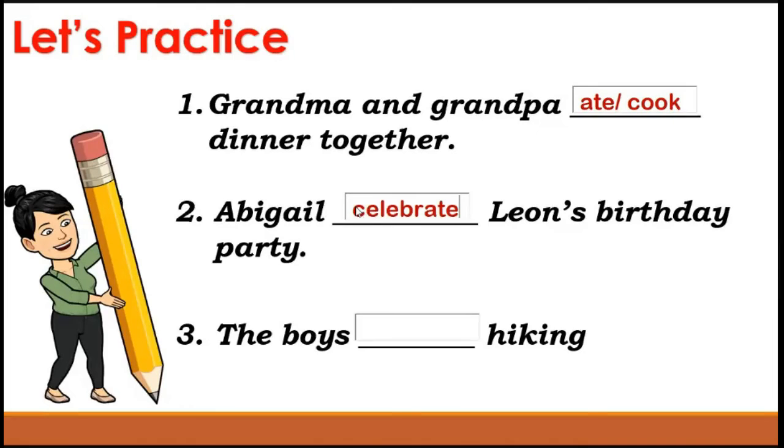One. Look at our verb. The verb is celebrate. Does the verb celebrate agree with one Abigail? Tama po? Ay, may umiiling. If this is incorrect, what is the correct form of the verb to make this sentence okay?